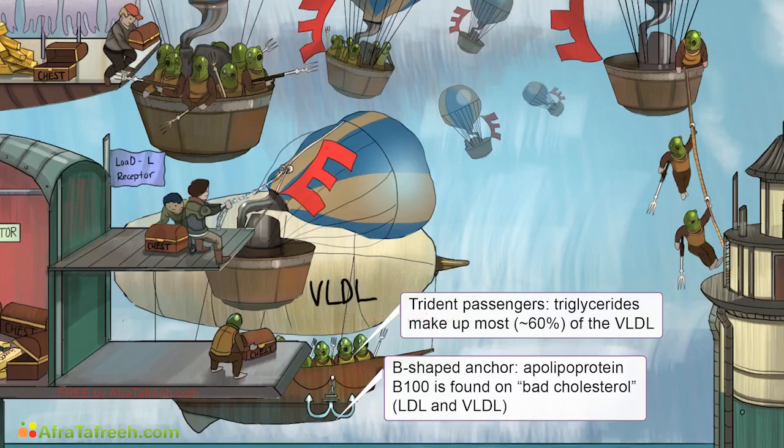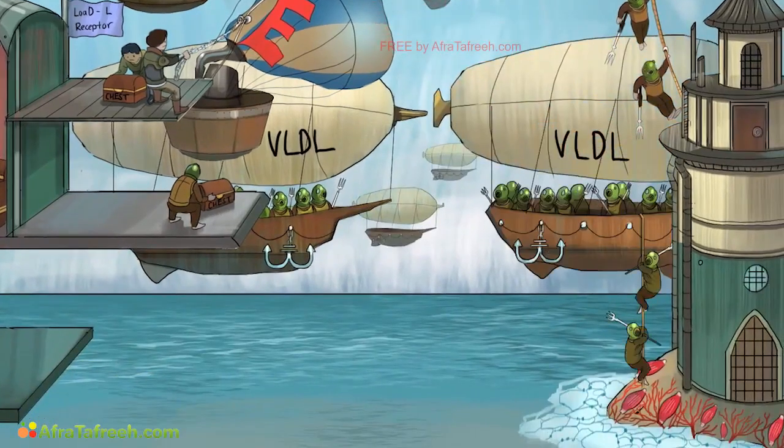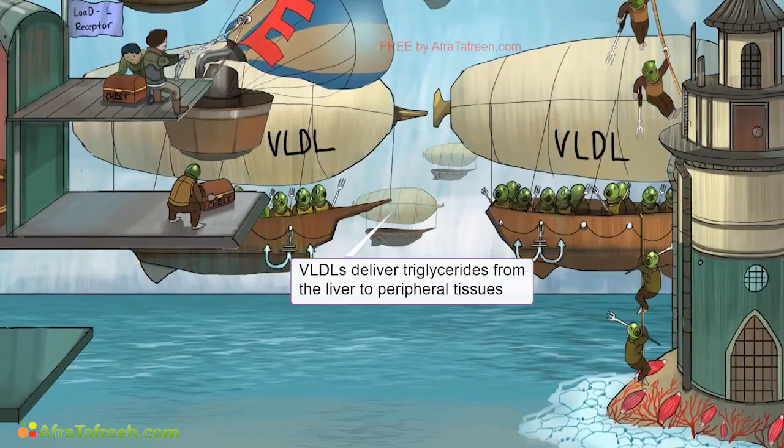It represents apolipoprotein B100. It's the most important apolipoprotein to know because it distinguishes the circulating particles colloquially termed bad cholesterol. These lipid-rich lipoproteins, VLDLs and LDLs, are responsible for conveying lipids into the artery wall, leading to the development of atherosclerosis. VLDLs normally function as the export vehicles for delivering triglycerides to peripheral tissues.